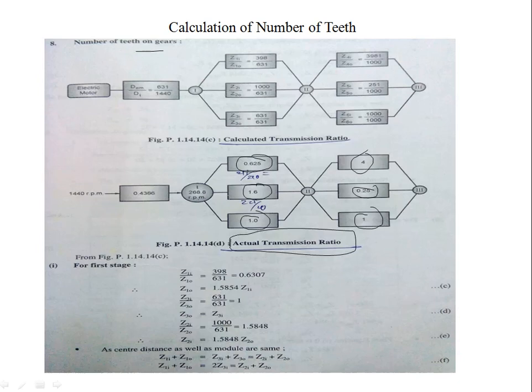Because we find the number of teeth and round them off, we again revise the actual transmission ratio, and according to that we set the actual speed available on that shaft. In the previous value, it was according to the calculation of the speed, but here we round off the value of Z, and then we get the actual speed ratio.